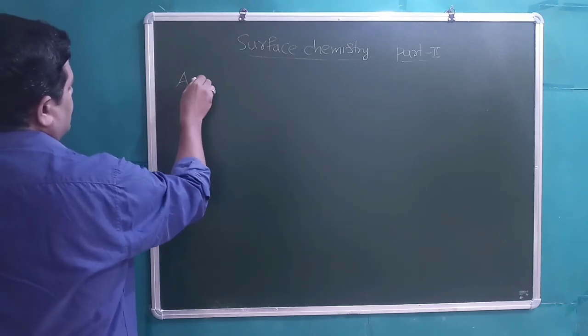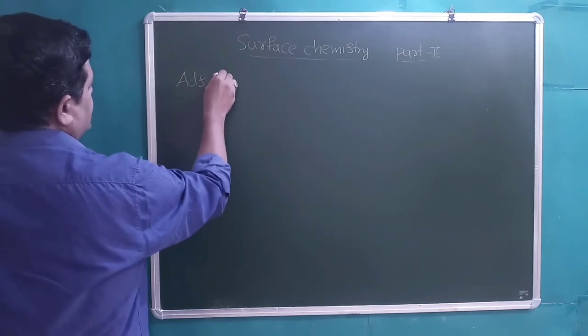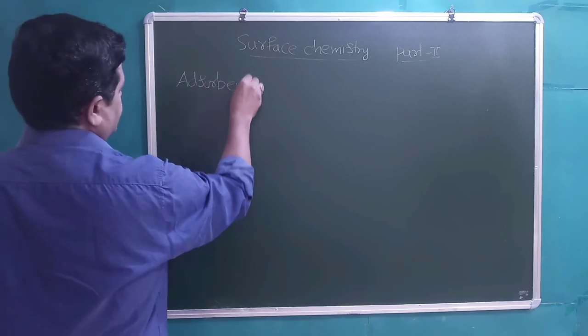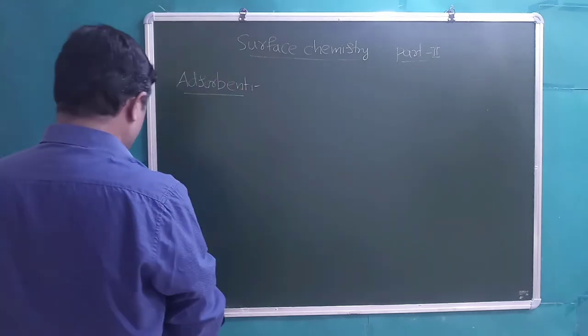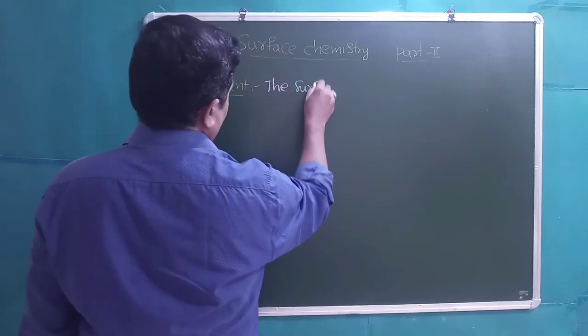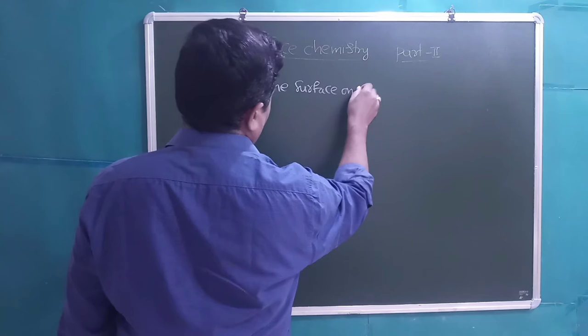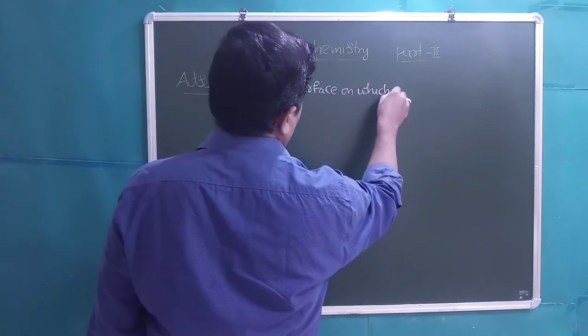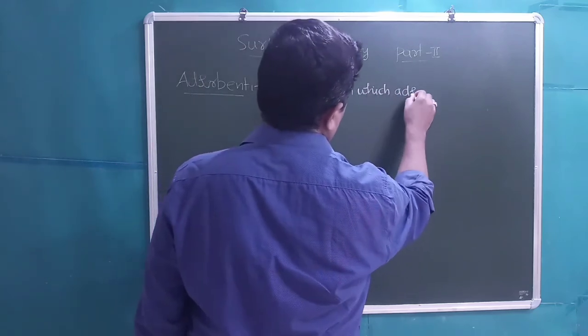First we should know adsorbent and adsorbate. Adsorbent is the surface on which adsorption takes place.